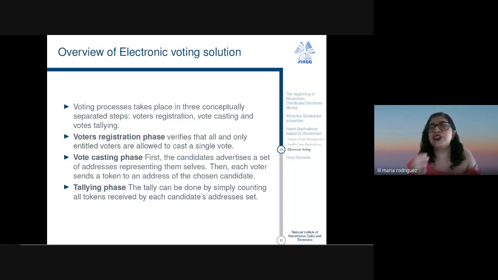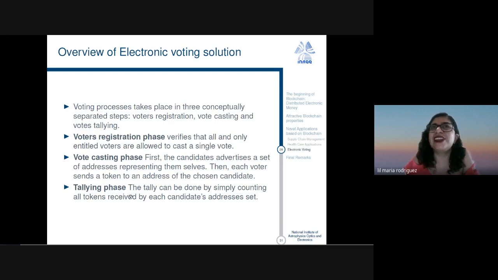For example, just to mention one: if we are having an election, since we are recording everything in the blockchain, you could make the tailing phase on the fly, online.